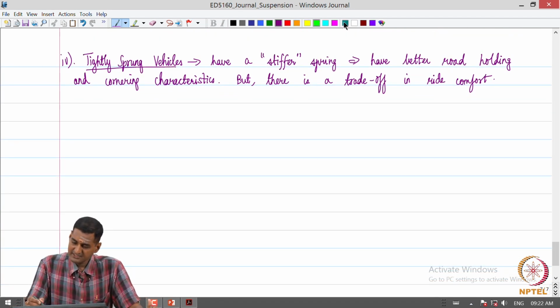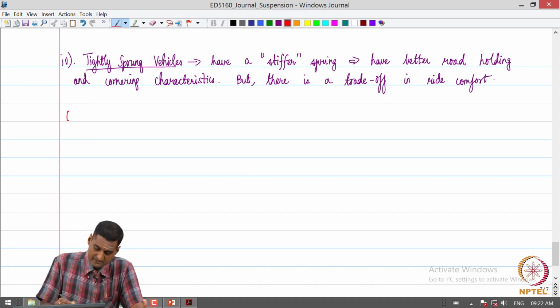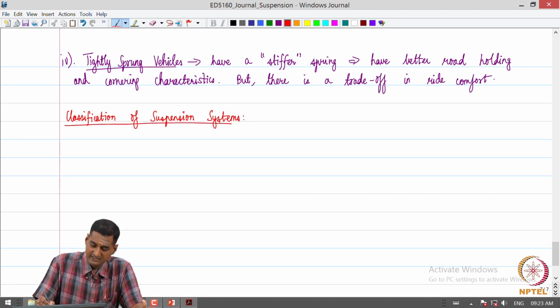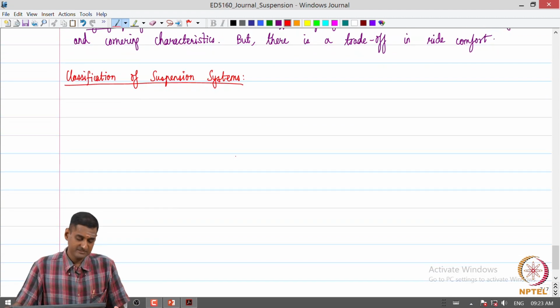Now the next topic that we are going to look at is how do we classify suspension systems. So, let us look at different categories of suspension systems.